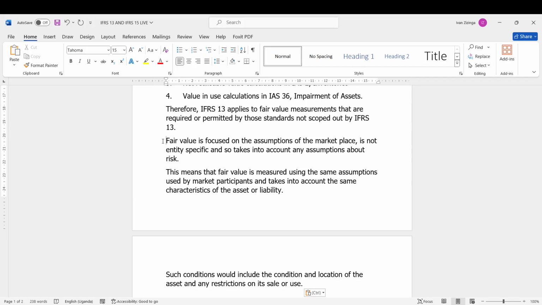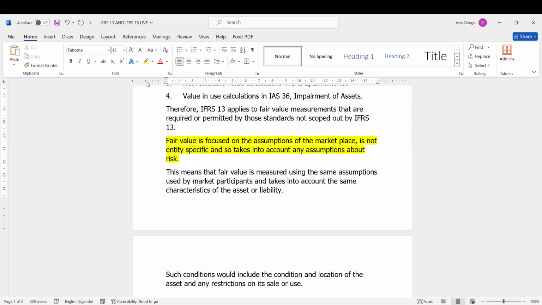So knowing this is very important, so that when you read a question and you find that the entity wants to dominate the fair value by considering the use they think is okay or the value they think their asset is worth, then you challenge it.